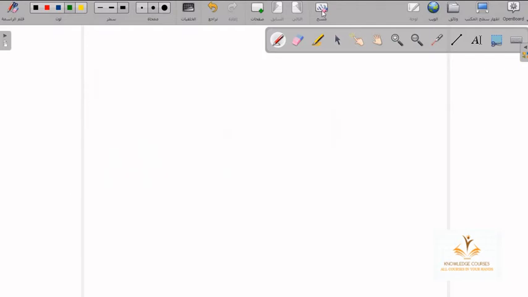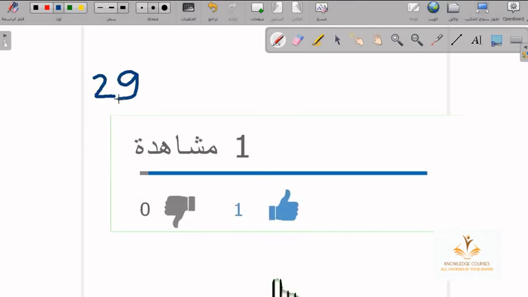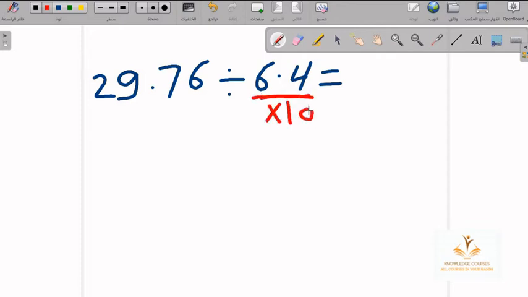Another example: 29.76 divide 6.4 equals. We must change the divisor to a whole number. So we multiply this divisor by 10. This is 1 decimal place.